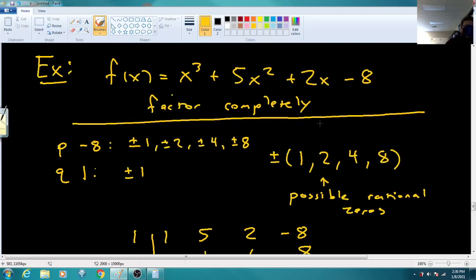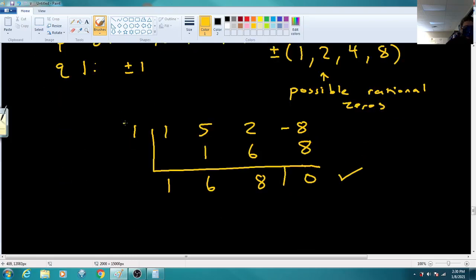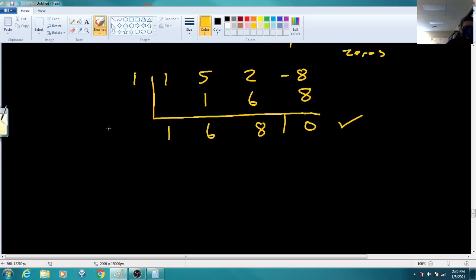So we were told to factor this completely. So what we're going to do now is use that form of the division algorithm, which says our dividend f of x equals divisor times quotient plus remainder.